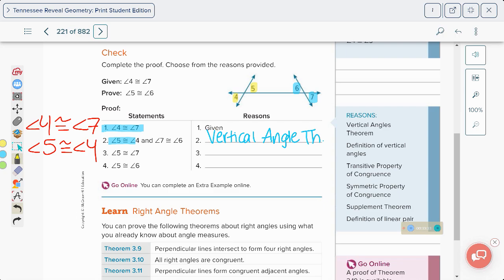So if I know angle 7 equals angle 4, angle 5 equals angle 4, they both equal the same thing, so therefore they can definitely equal each other, and that is that transitive property.